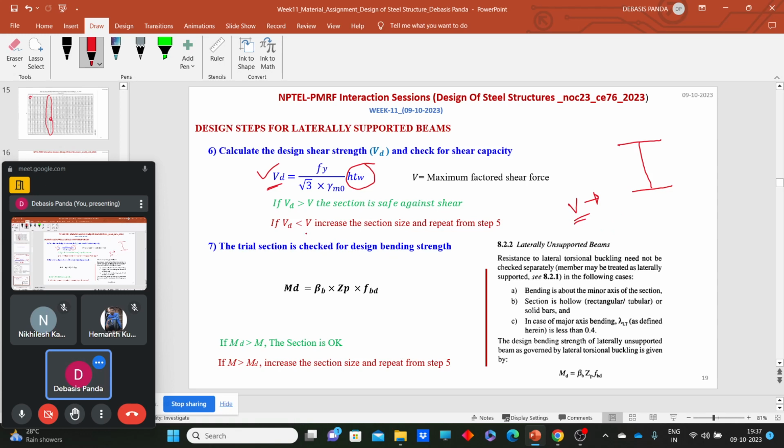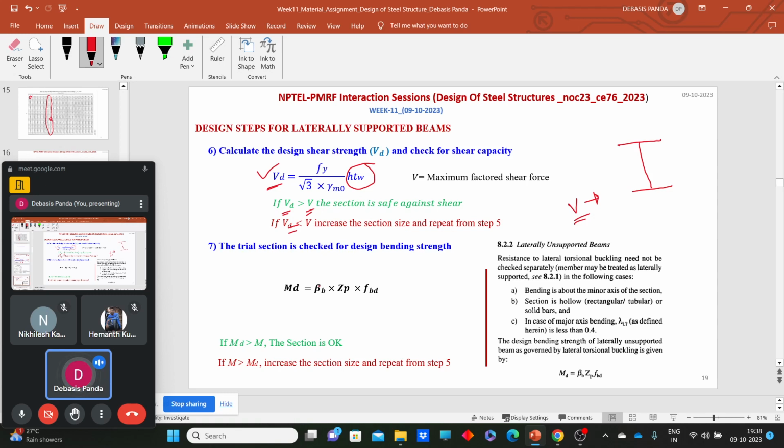If the design shear capacity of the selected section is more than the factored maximum shear force, then the section is safe and you can go with it. If that case is violated, like if the design shear capacity is less than the maximum shear force induced on the section, then we need to select a section with higher ZP than what we selected earlier, and again calculate the shear capacity.